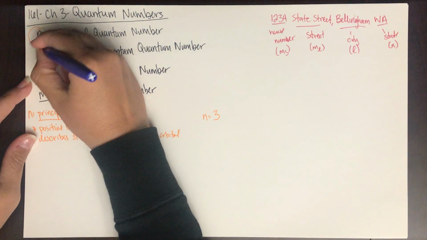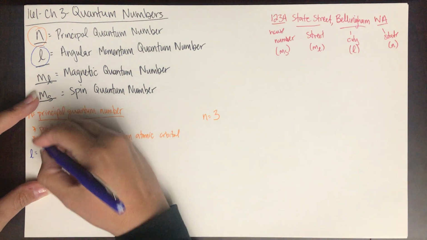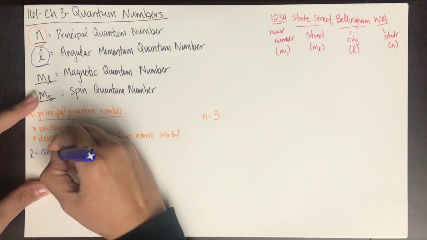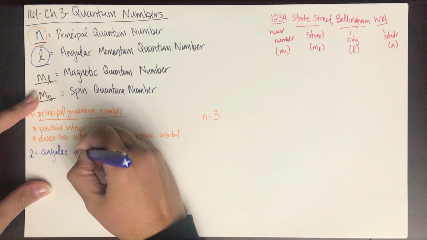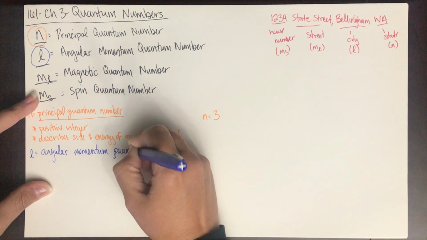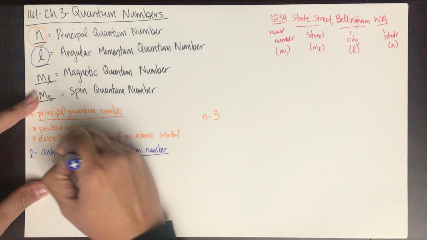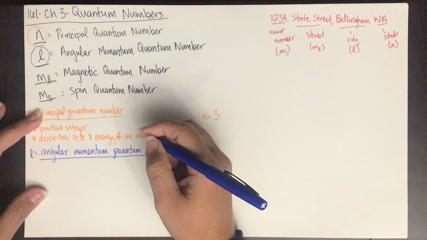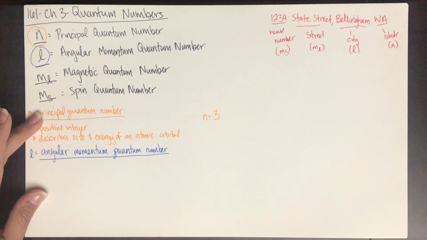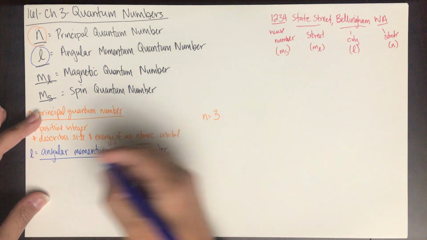So the next quantum number, L, the angular momentum quantum number, it can be any integer from 0 to n minus 1.